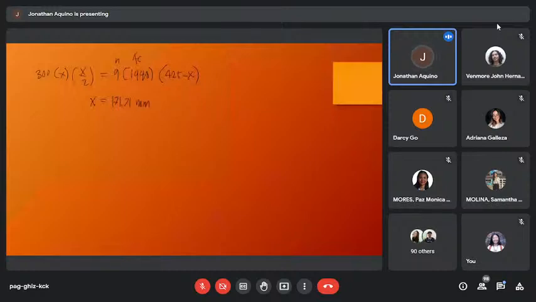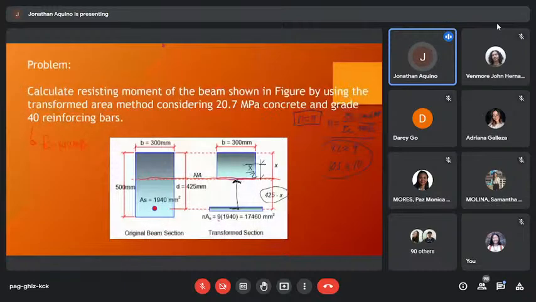So after solving for the neutral axis, then we can now solve for the resisting moment. The resisting moment is just simply the stress multiplied by the lever arm. For this problem, ito yung compression side niya, then ito yung tension side.